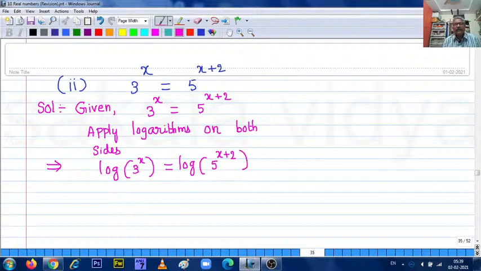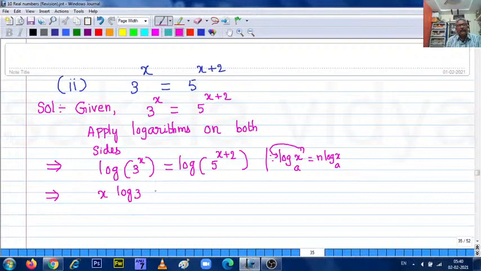So note down, log of x to the power of n to the base a is n times log x to the base a. So that we can write here x times log 3 equals, put the bracket because we have 2 terms, x plus 2 times log 5.